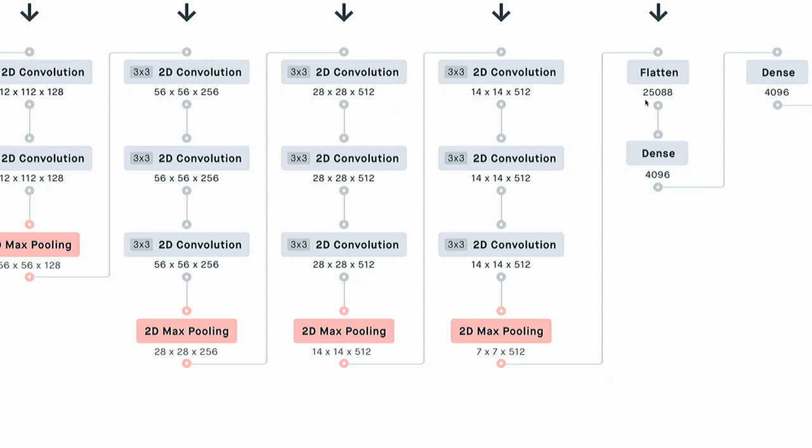So it's 25,088, right? Yes, that's right. 25,088 is just multiplying 49 by 512, it's going to be this number, okay? So you got all these 512 feature maps, and then you just put them in the form of a vector, and now you process them by a dense network. Dense here means fully connected.